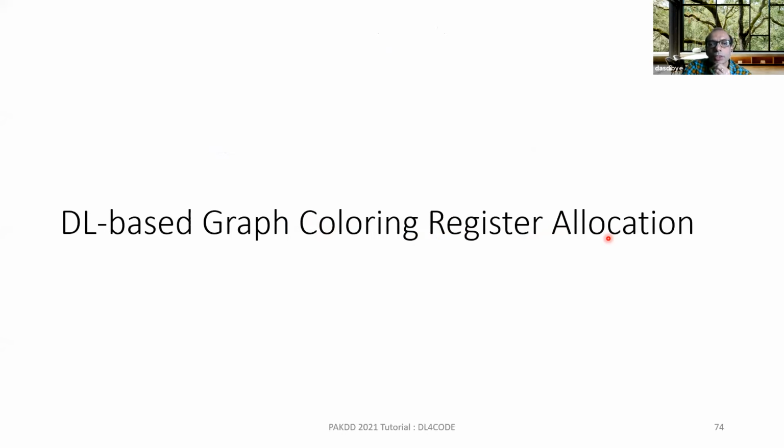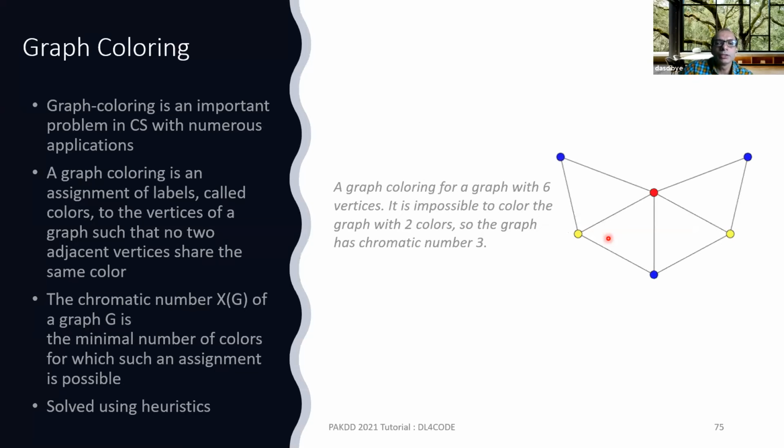The third one that I'm going to talk about is a technique which we developed for register allocation using the famous graph coloring algorithms. Many of you are already familiar with graph coloring.